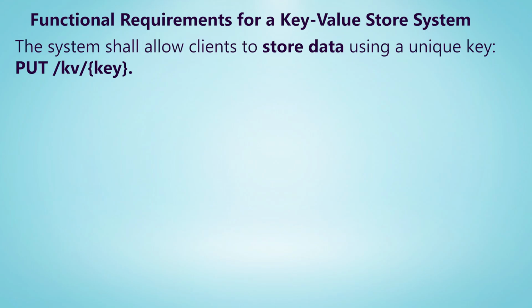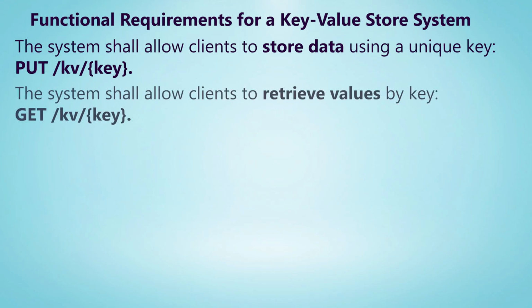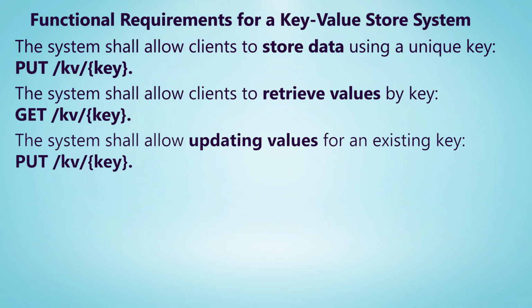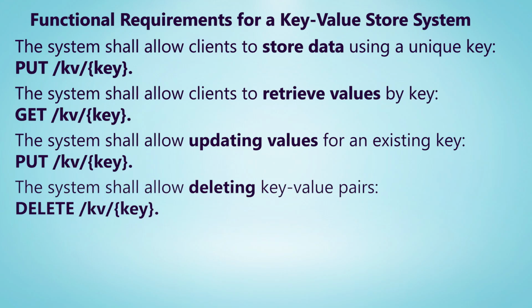We will have a PUT endpoint where we pass the key value pair, which is saved in the system. In order to fetch the data corresponding to a key, our system will have a GET endpoint as well. Now let's say a user decides to update the value corresponding to a key. So we will have a PUT method that will allow the user to update the value. If the user decides to delete this key value pair, we will have a DELETE method in the system.